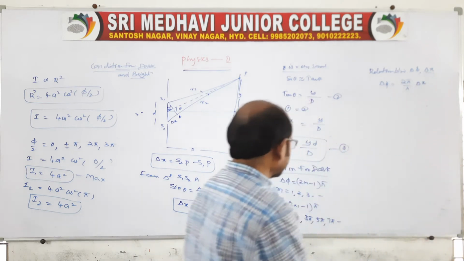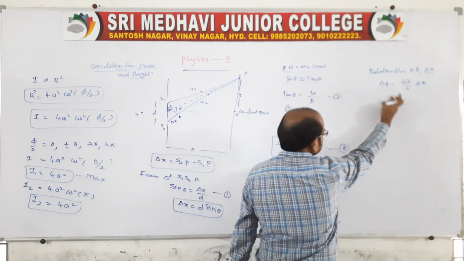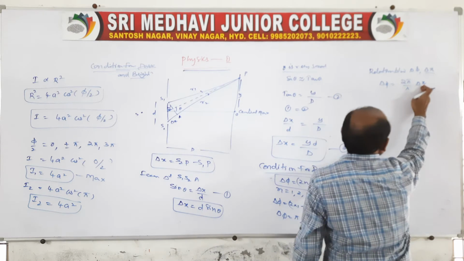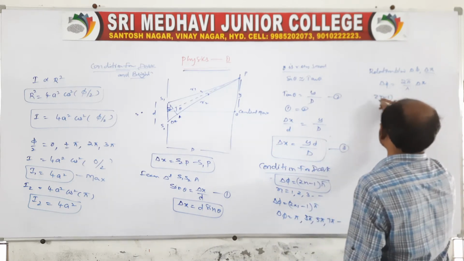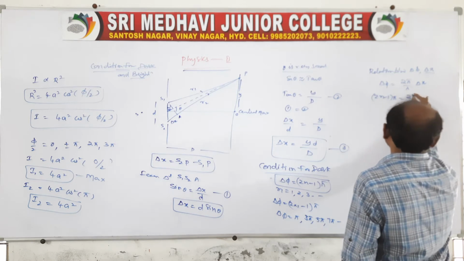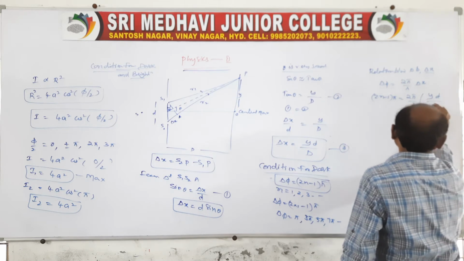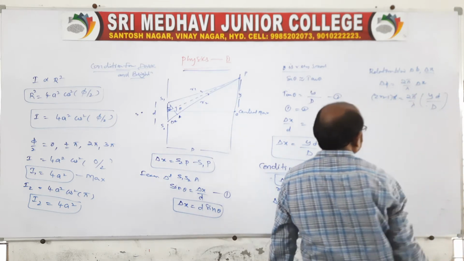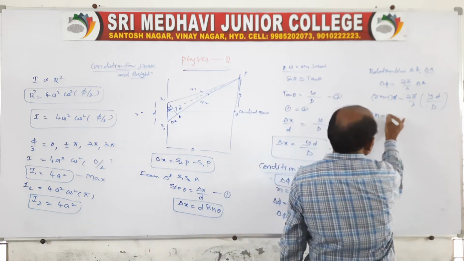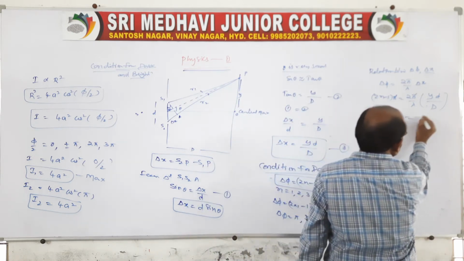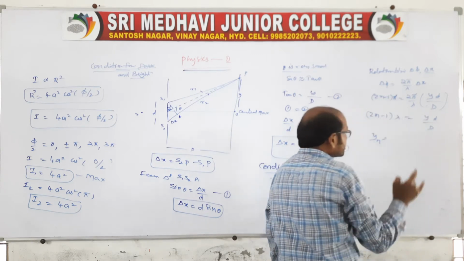Of course, we know delta pi, and delta x we already have. Substituting both expressions, we get 2n minus 1 into pi is equal to 2 pi by lambda into delta x, which is y small d by capital D. Cancelling the similar terms and cross multiplying, 2n minus 1 into lambda is equal to y small d by capital D. Now we are calculating for the nth dark band.